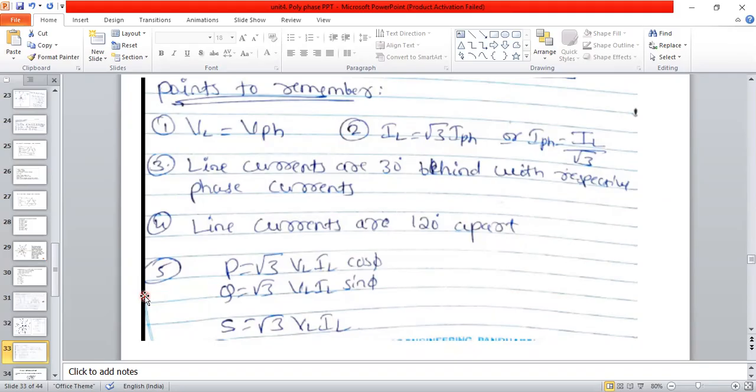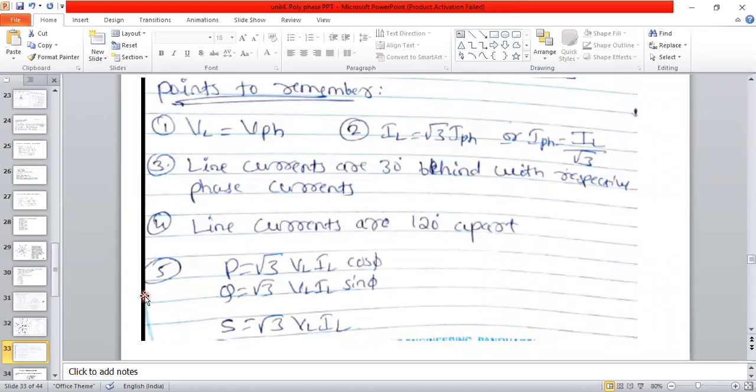In bracket you write VL equal to VPH. Over. Number 1 is over.